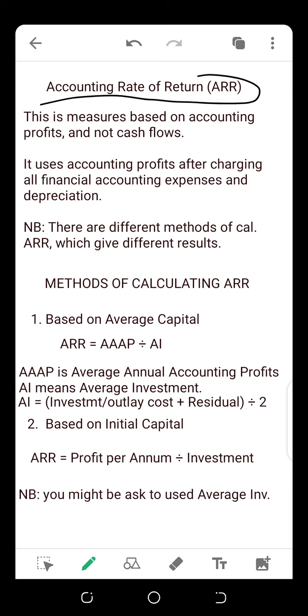It should be noted that there are different methods of calculating ARR, that is accounting rate of return, and they give different results. You can calculate depending on the question, but basically there are two.